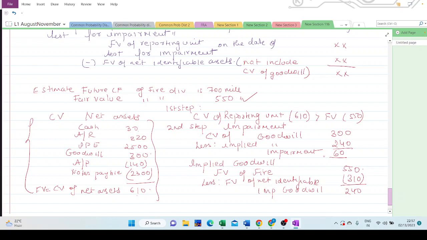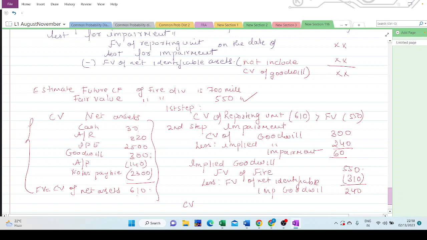And the carrying value of the goodwill will be reduced by 60, right? So carrying value of the goodwill will reduce by the amount of impairment loss, that is 60. So carrying value of goodwill is 300 minus 60, which is 240, and 240 is nothing but your implied goodwill.